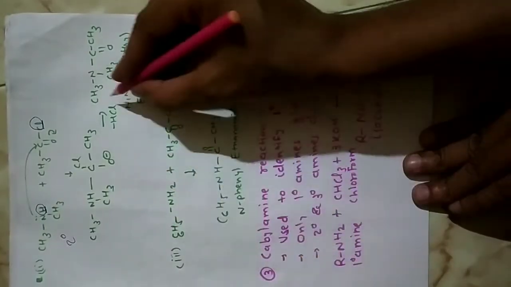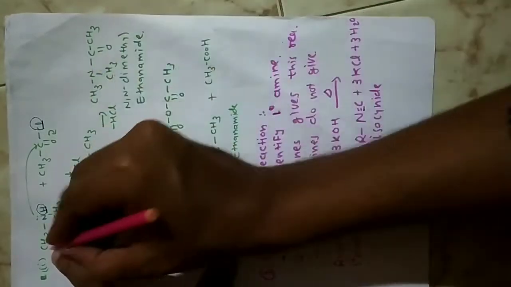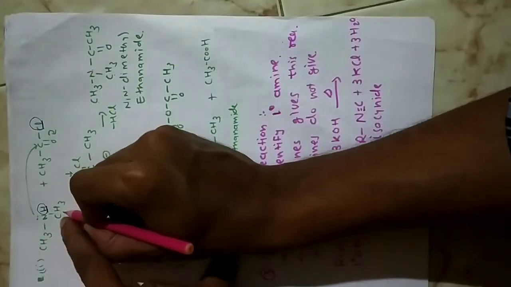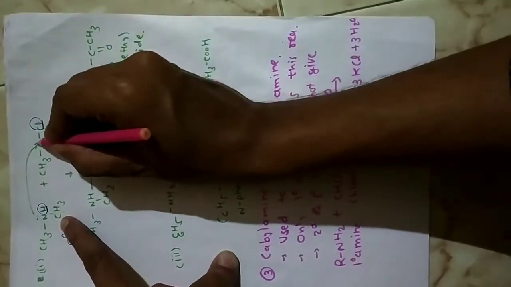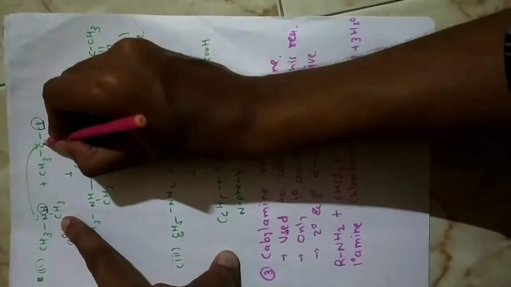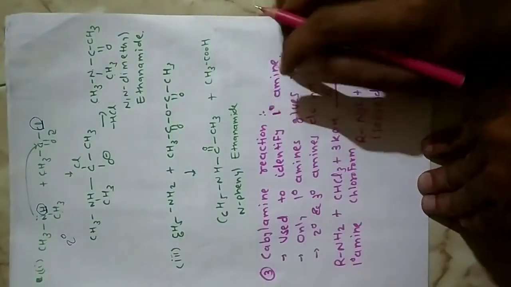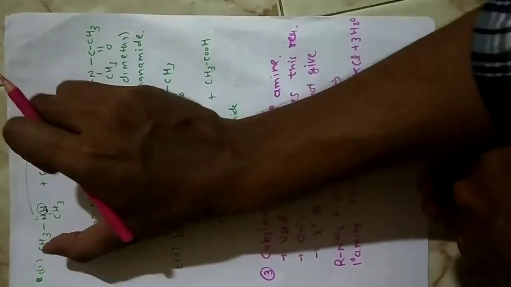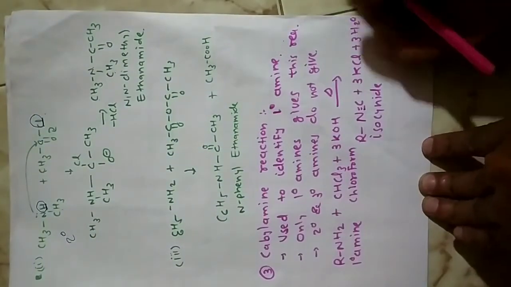So you can see the product here, CH3, then nitrogen, then CH3. These three are there. Then from here you can attach the remaining part, COCH3. So like this you can write the product directly. Remove HCl and combine them both. You will get your product.